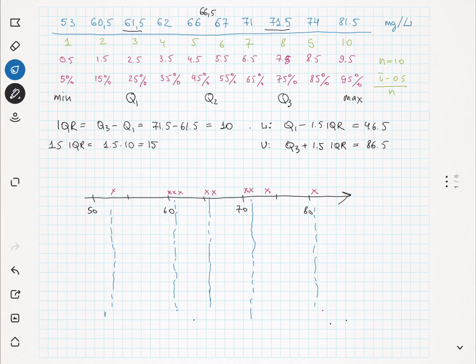So I will write it down. This is min, this is Q1, this is Q2, this is Q3, and this is max. Now we are ready to make a box plot. That will be the box. This one is our median value. And then we have one whisker for the maximum, and one whisker for the minimum.